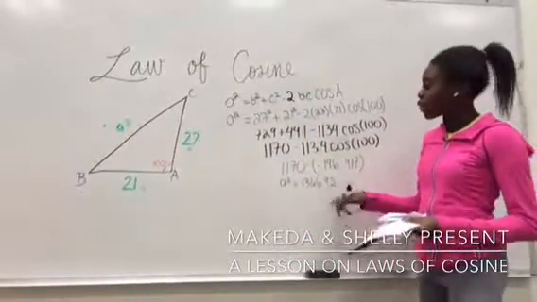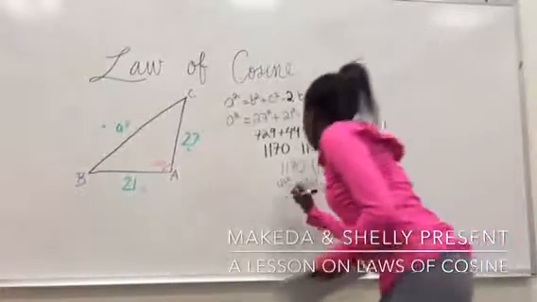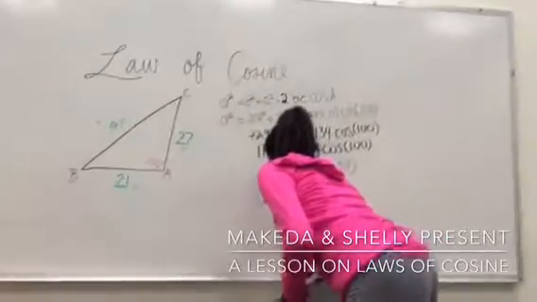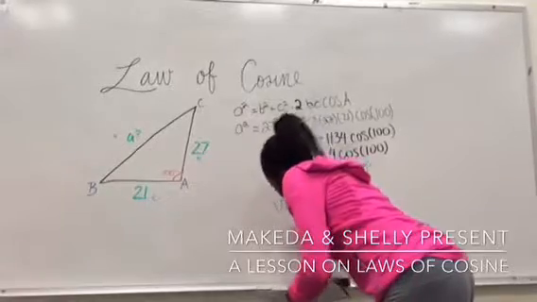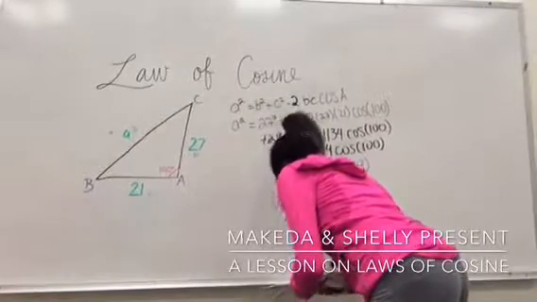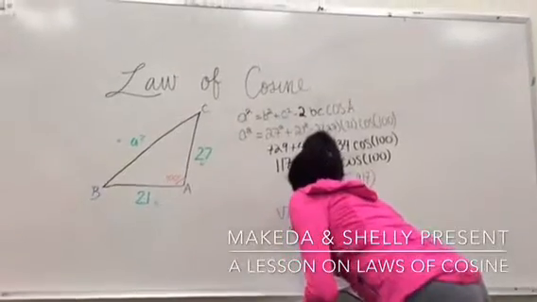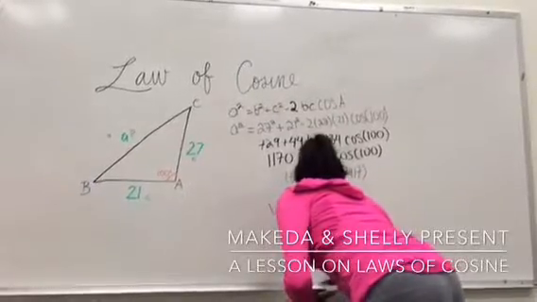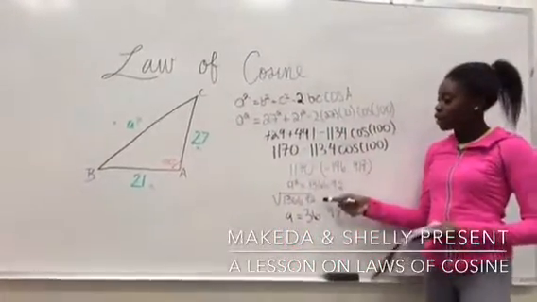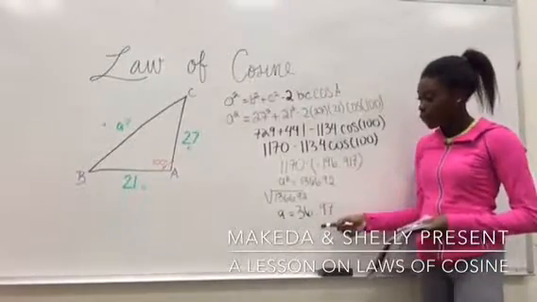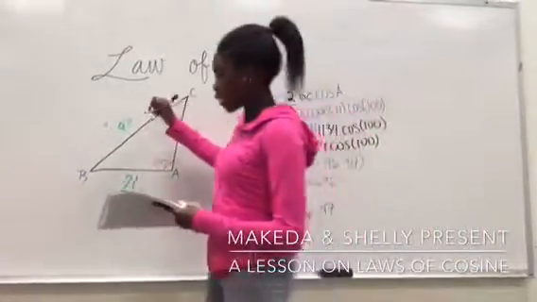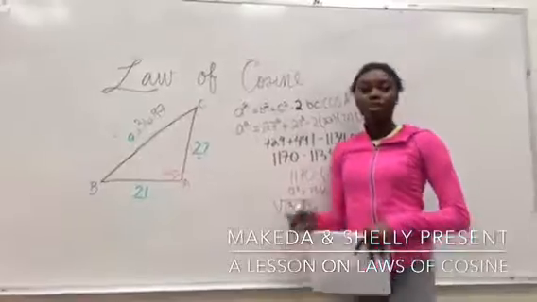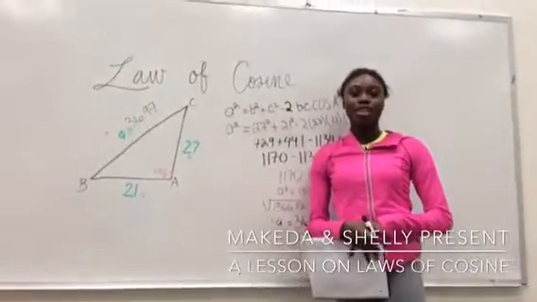Your next step is to find the square root of this number. Once you've found the square root, you reach your A, which is 36.97, and you plug it into the triangle. And that's how you solve for the line A with law of cosines.